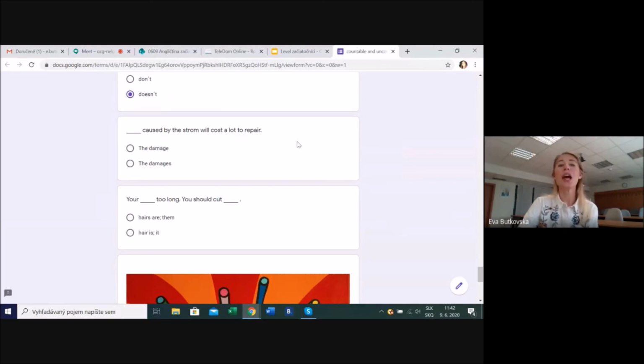So in the sentence, bad news doesn't make people happy, singular. Okay, let's do last two ones. So choose damage or damages caused by the storm will cost a lot to repair. So think about noun damage. Can we count damage or is it uncountable? So therefore, is it the damage? Because we really cannot count the damage, just damage in general.